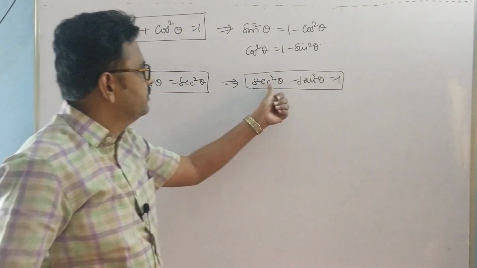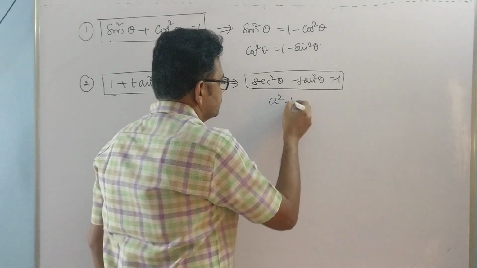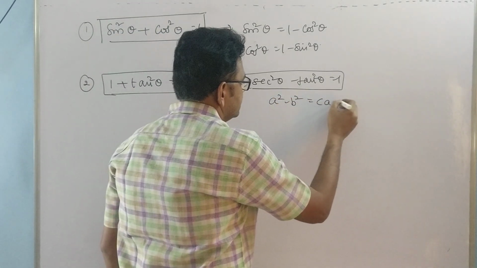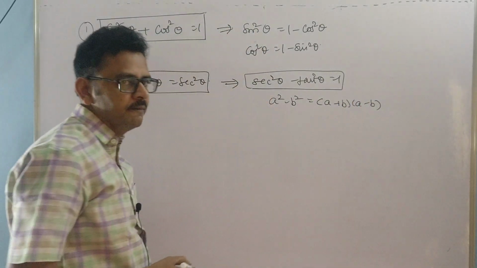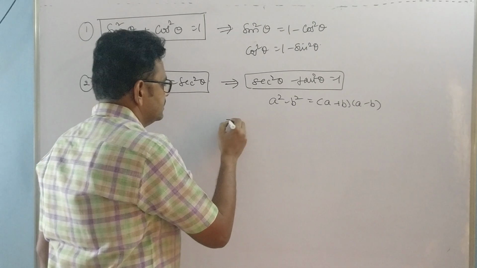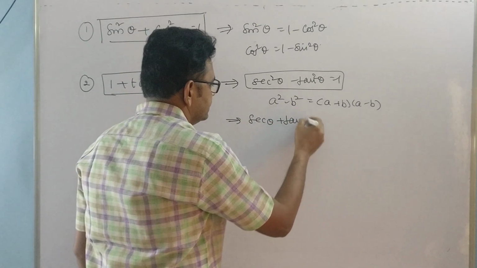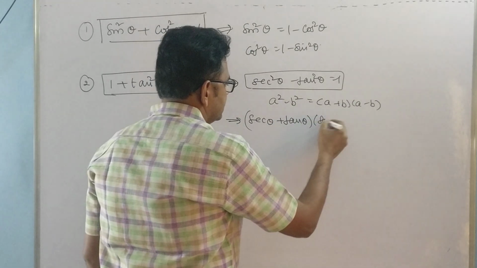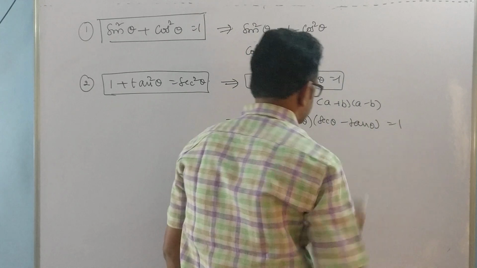Now again this is of the form a square minus b square. You write a plus b into a minus b. So this is secant theta plus tan theta into secant theta minus tan theta is equal to 1.